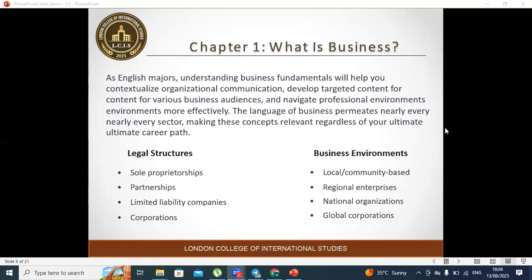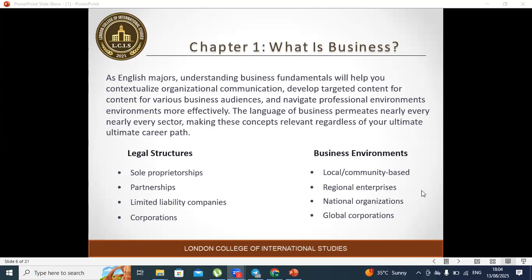Then business environments. It's going to be local, which means inside your country, or community-based, I mean inside your community. Regional enterprises, you can work abroad, overseas, with other countries. National organizations, it means it's going to be more than one company, but inside the country itself.